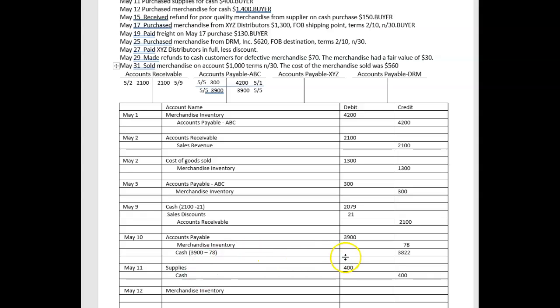And the amount of the purchase is for $1,400. And here the purchase was made for cash, so we're going to credit, reduce, the cash for $1,400.